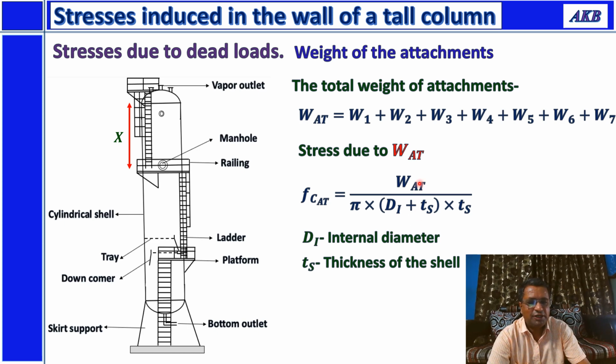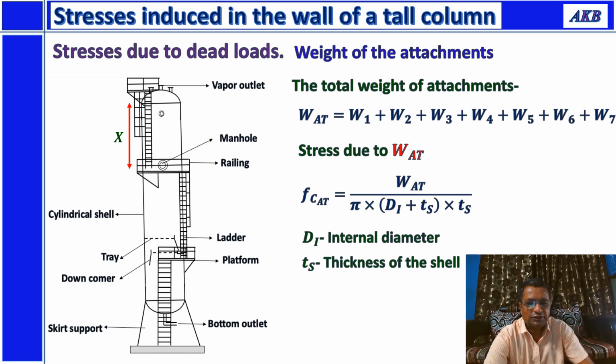So the point is you have to take into account all the attachments. You have to add the weights of all those attachments. That will give you the total weight of attachments, and when you know the total weight of attachments, you can calculate the stress induced due to those attachments by using this equation.